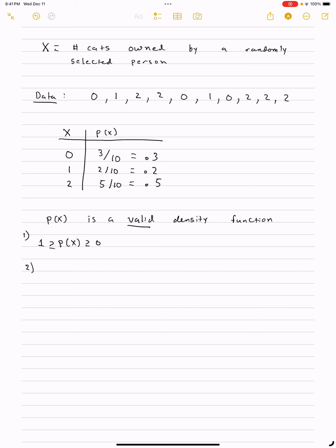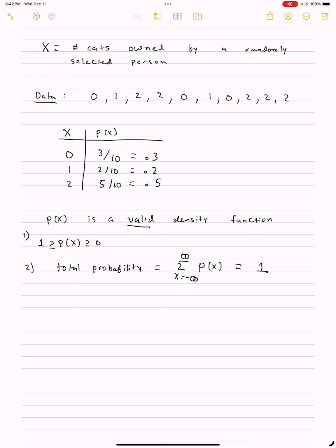And 2, the total probability, and how we can calculate total probability formally is this sum from minus infinity to infinity. That's every possible outcome of x. That equals 1. These are the two conditions to be a valid probability density function.